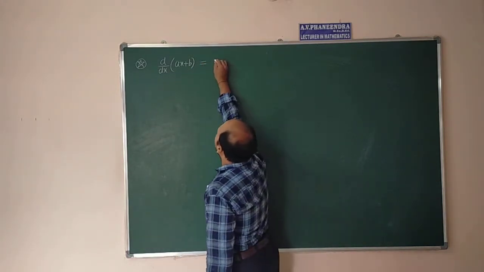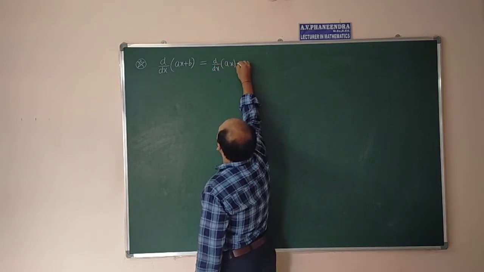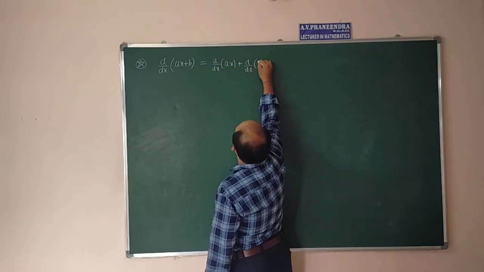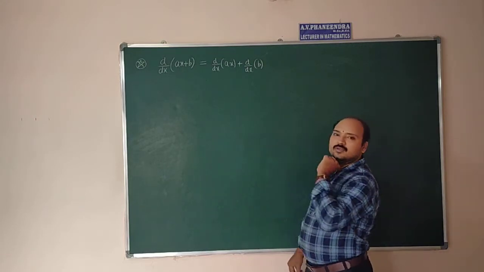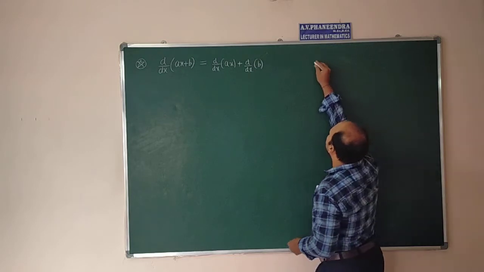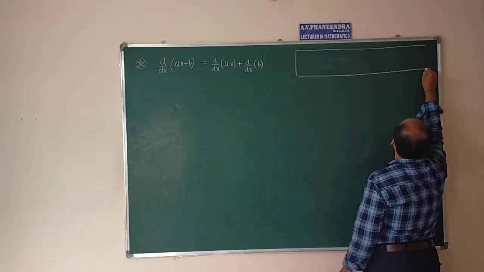D by dx of ax plus d by dx of b. Here, this is the sum of the differentiation of functions. Here, sum and difference, at a time I am going to write as one formula.